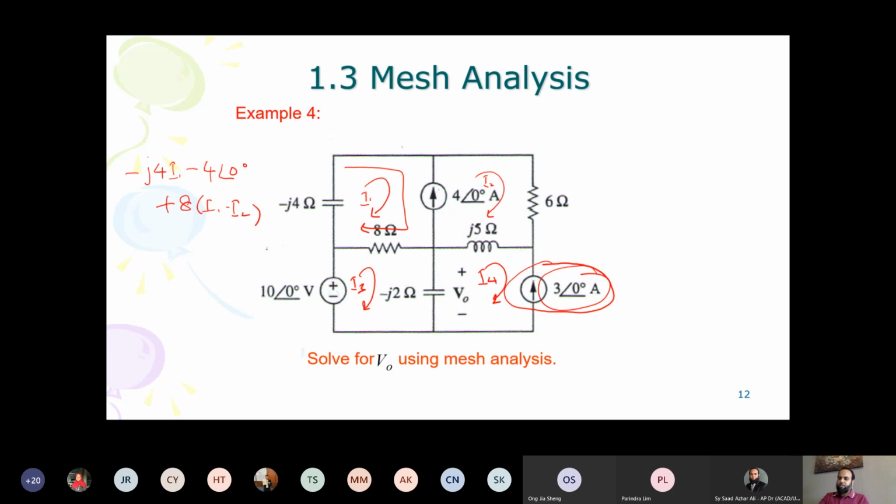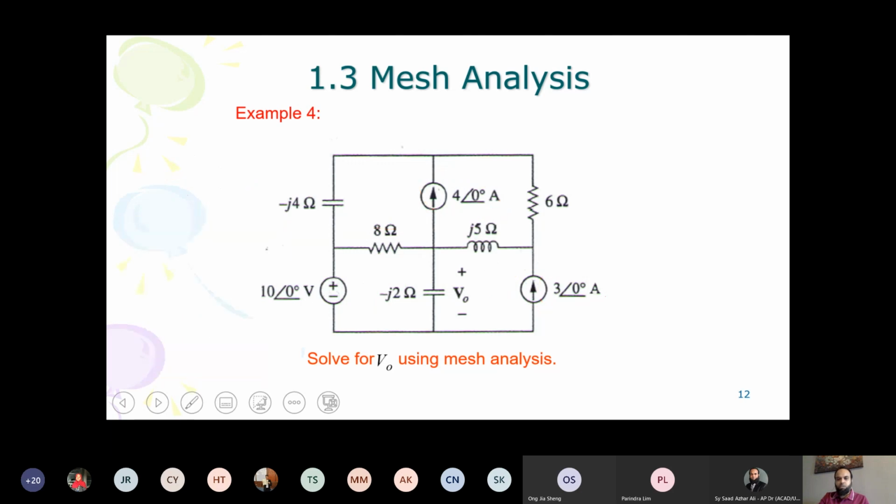Okay, the mistake here is that I'm putting a current instead of a voltage. It has to be voltage, and because of this I am writing a wrong equation. All right, so this is what we call a super mesh. We have a current source between two loops. We have to consider this as a super mesh.